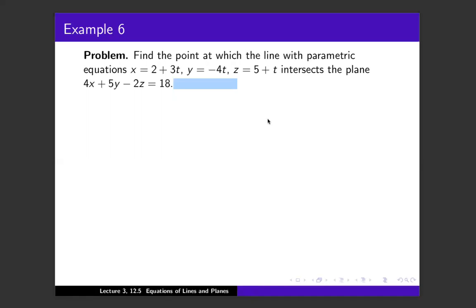So here's a different problem. What if you want to find the point at which this line with these parametric equations intersects this plane equation? I want to go back to what I said before. What I said before was that a point x, y, z is on the line only if there's some t that satisfies the equations.